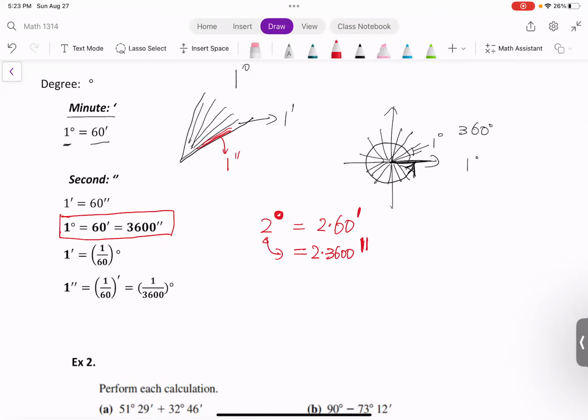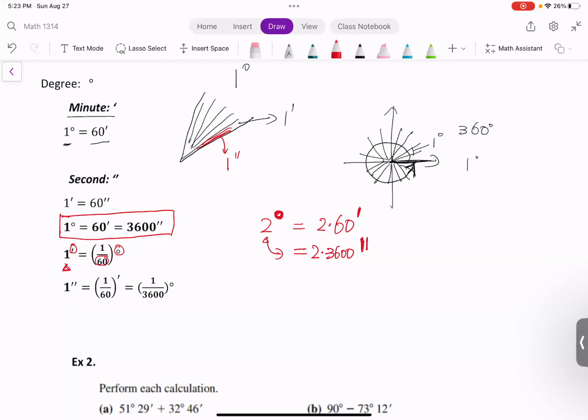All right, let's see. If I want to convert 1 minute to degree, I'm doing the backward one. From the small unit to the big unit, the number decreases. I need to divide it by 60.